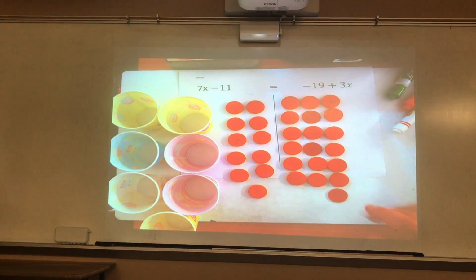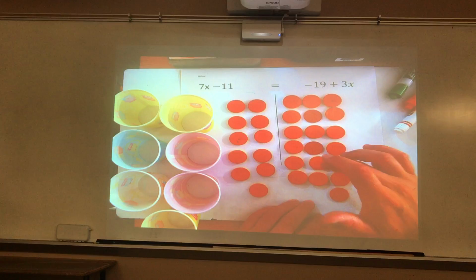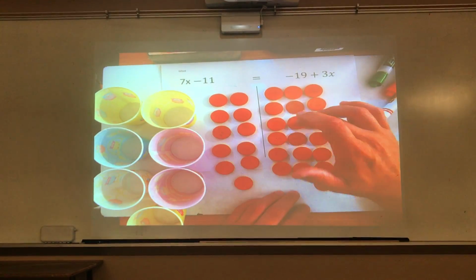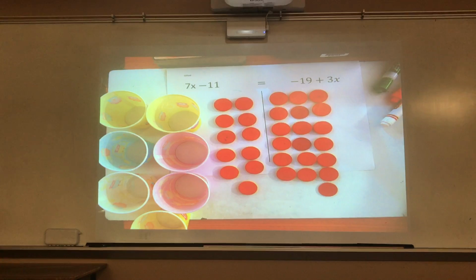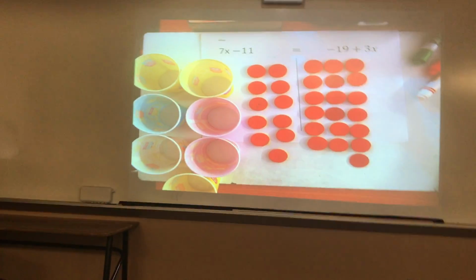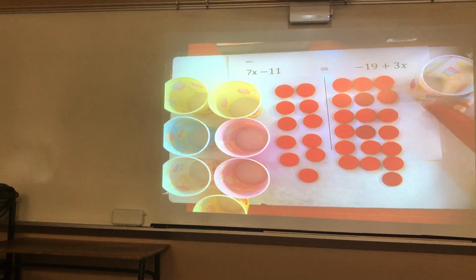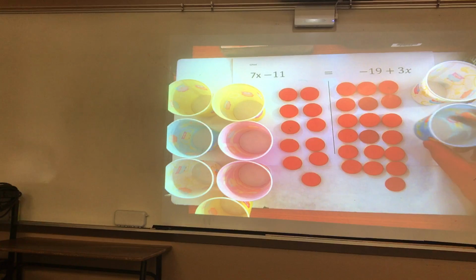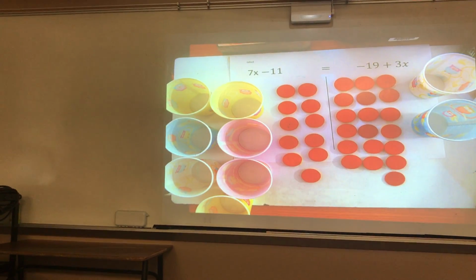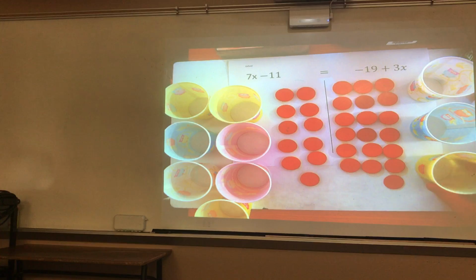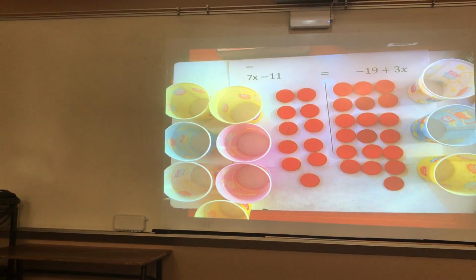We got negative 19. Okay, and 3 more cups for the 3x for that coefficient. Can you tell me why I'm keeping the cups up and not down? Because it's a positive number, correct.